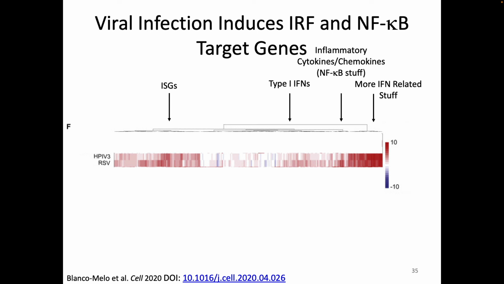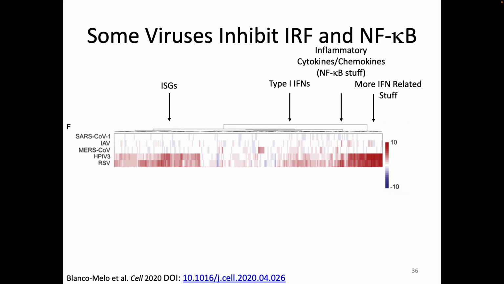But when these authors looked at some other viruses, they look at SARS-CoV-1, influenza, or MERS, they see something that looks different than their normal control viruses. So if you look at this, what do you observe with these other viruses?